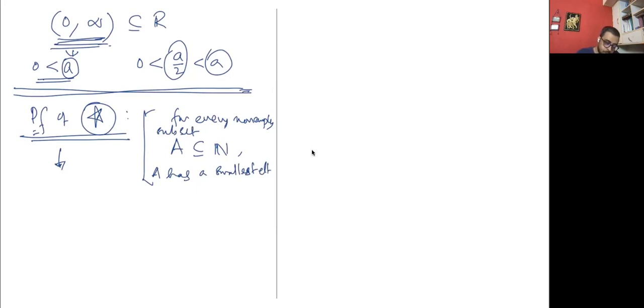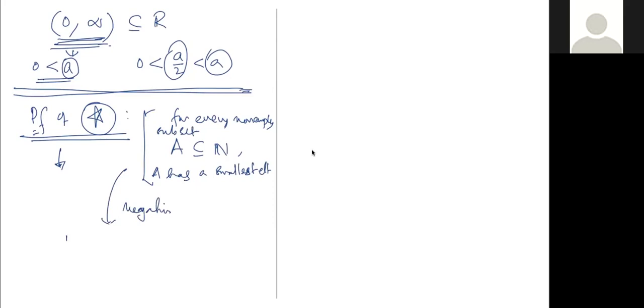So what is the negation of this statement? There exists a subset of N for which there is no smallest element. Right.